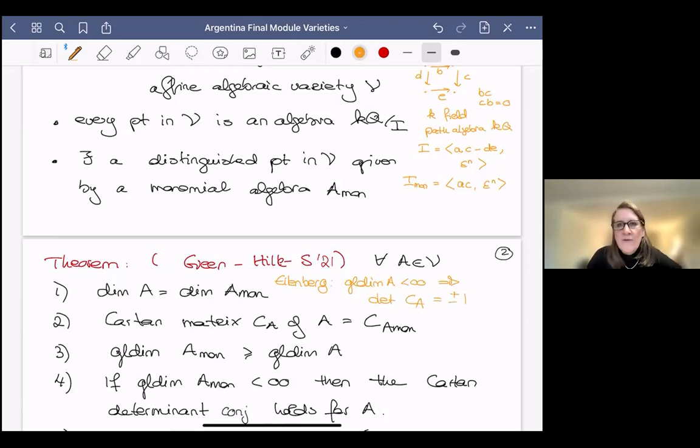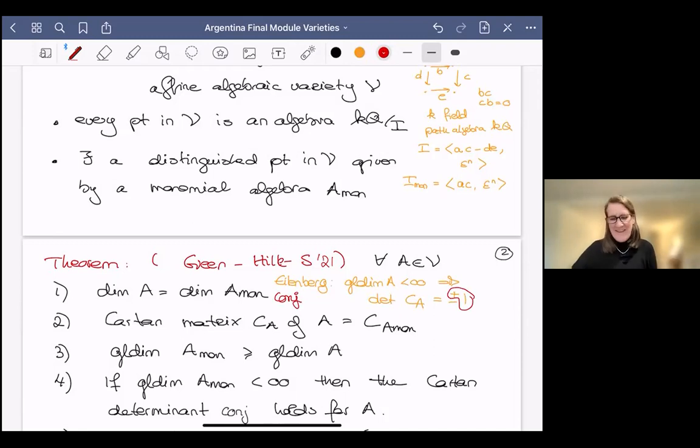So that's what he showed. And then very soon thereafter, or maybe he himself, conjectured that this should actually be plus 1. But this is an open conjecture, so we don't know.